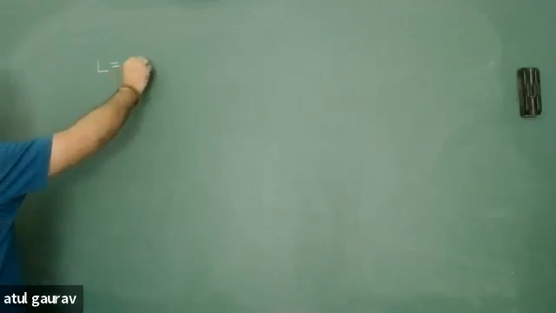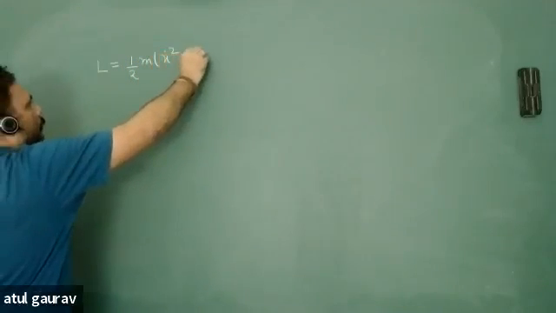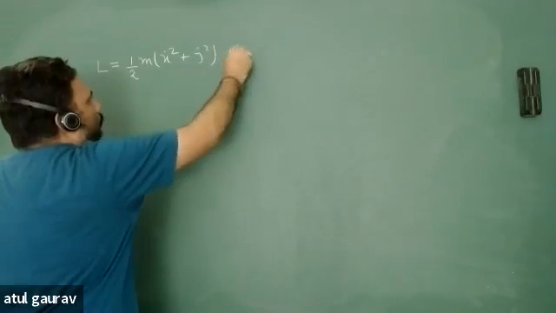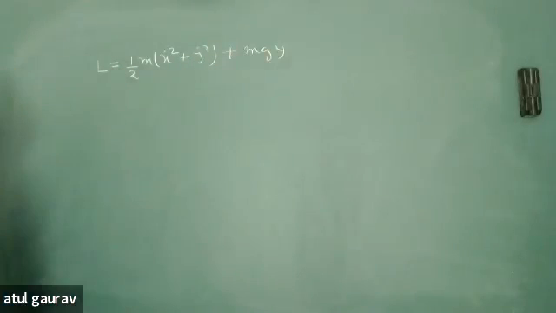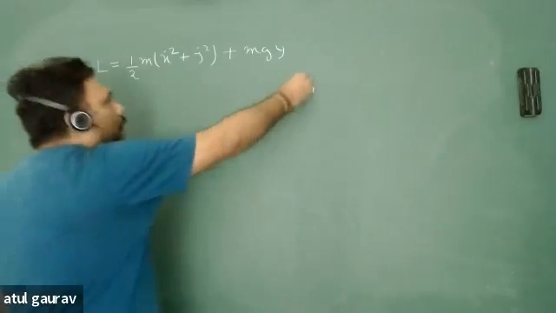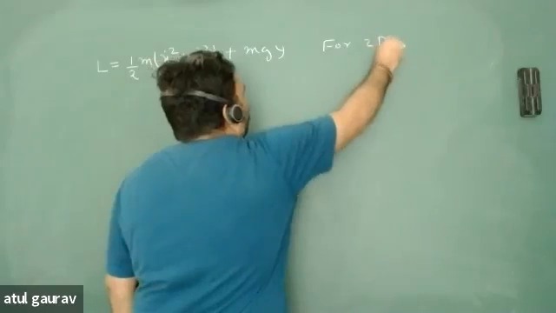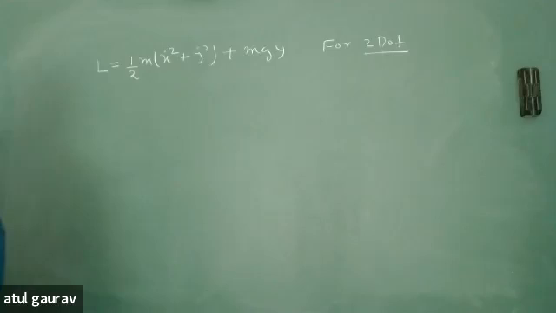The Lagrangian is given as half m times x dot square plus y dot square, plus mgy. Suppose this is your Lagrangian, and it is for 2 degrees of freedom.